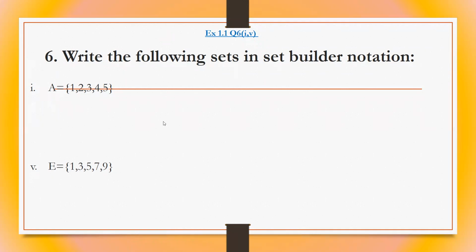A is the set of x such that x is a natural number, x is less than or equal to 5. Less than and equal to 5. Right?